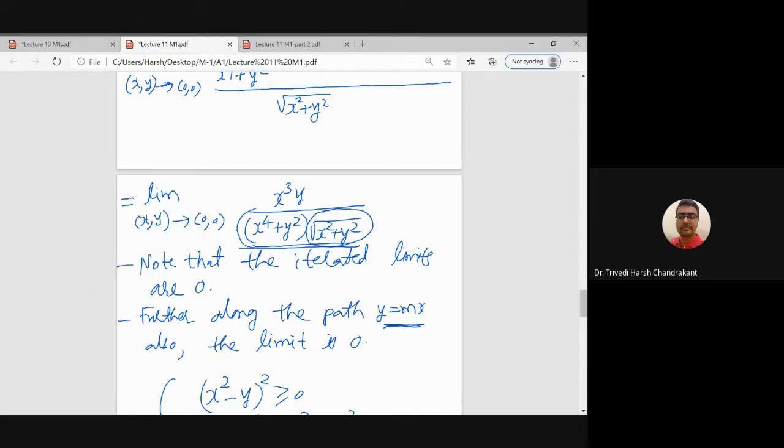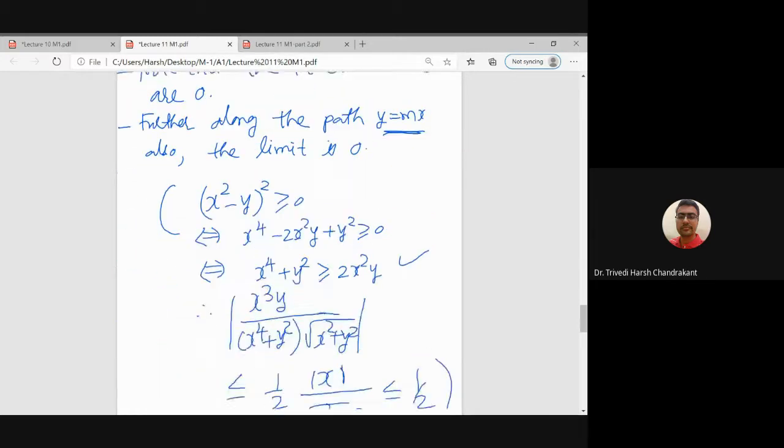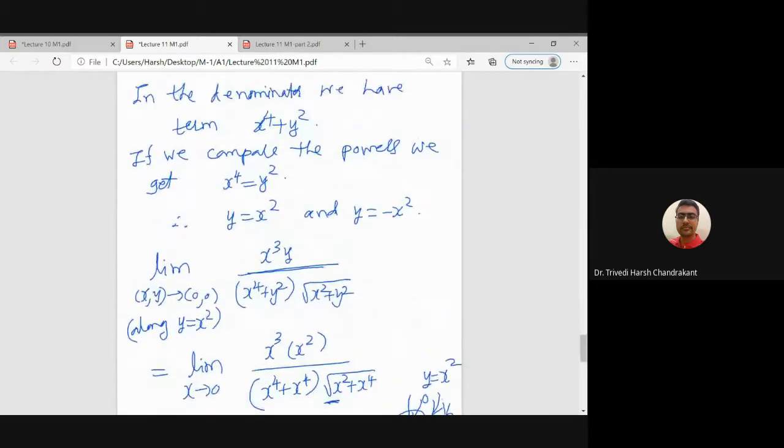So the other denominator is x power 4 plus y square. In that term, if we compare x power 4 with y square, that gives us the equation x power 4 is y square. Now since x power 4 is y square, we take the square root.